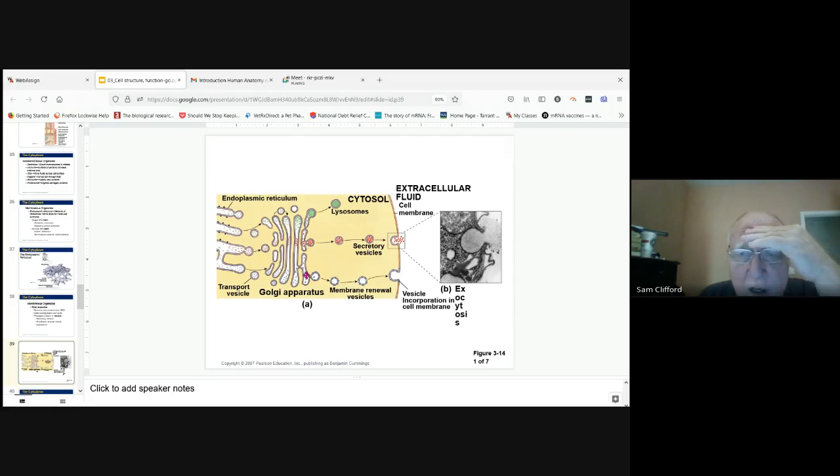And know that endoplasmic reticulum takes the proteins made at the ribosome, puts them into vesicles. They're processed and stored and then released in the cell.